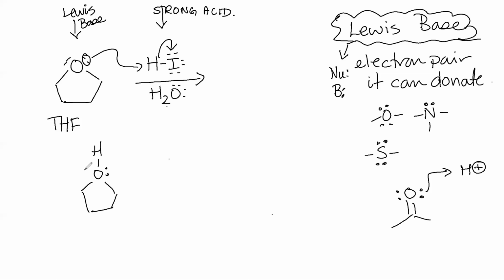And the product of the first step for this is actually this. We would have protonated our oxygen, and we've got iodide, which is left. These two structures can actually do a second reaction based upon what we know from substitution reactions.